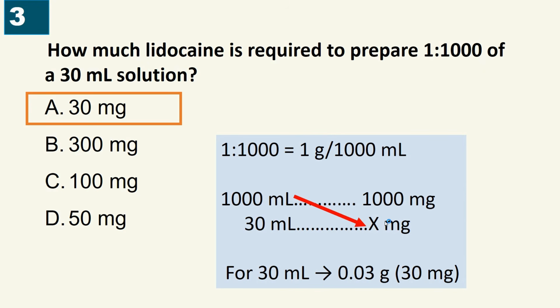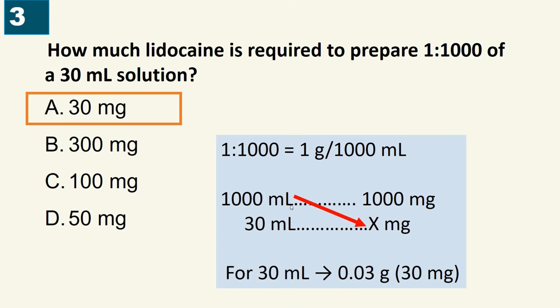Then use cross multiplication. To cross multiply, always point the arrow to the x. That's what my teacher showed me when I was a kid. God bless my teacher. Since then, I have picked that up, and it has helped me a lot in many calculations, especially in pharmacy calculations.